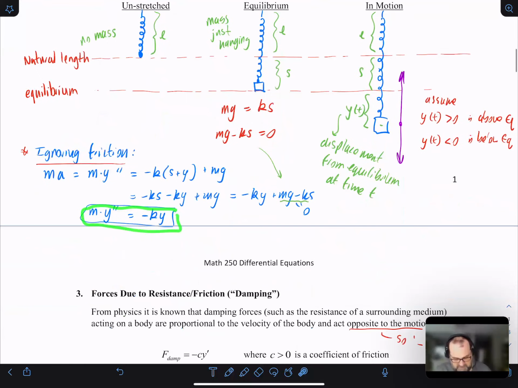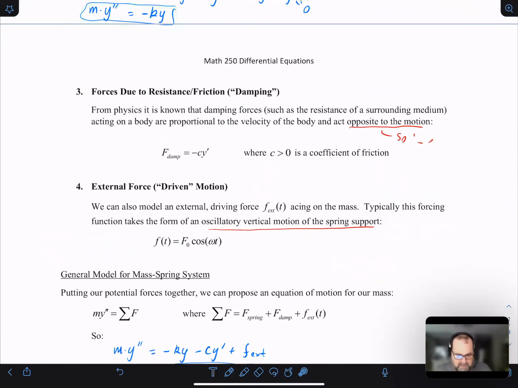So let's see what else. There can be other forces due to friction, or the fancy word here is damping. Experimentally from physics, friction damping forces are known to be proportional to the velocity of the body. And in this section, the friction is acting opposite to the motion.